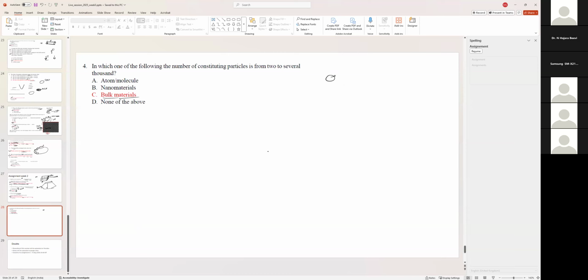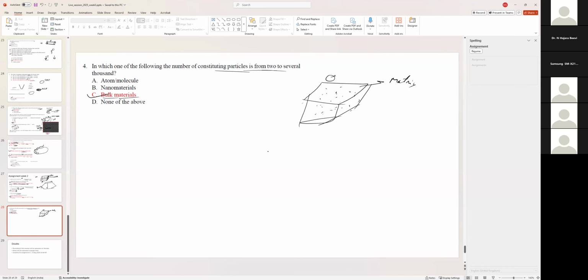Bulk nanomaterial constitutes particles. Again, bulk nanomaterials will have a matrix, and you have nanoparticles, so you have thousands of nanoparticles inside the single bulk material.